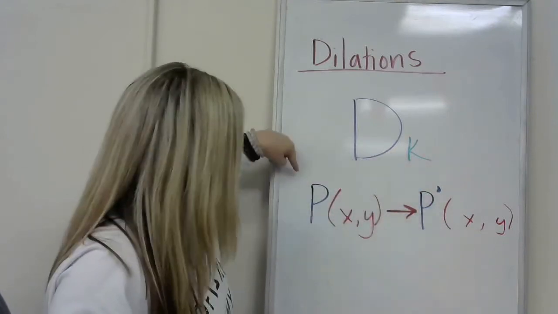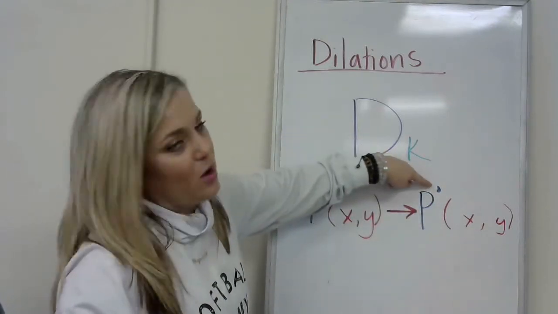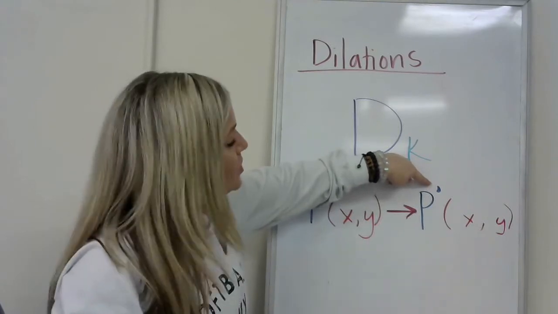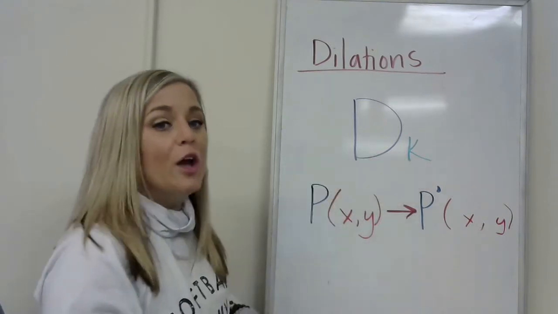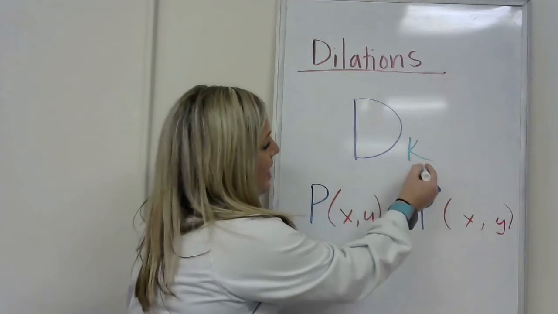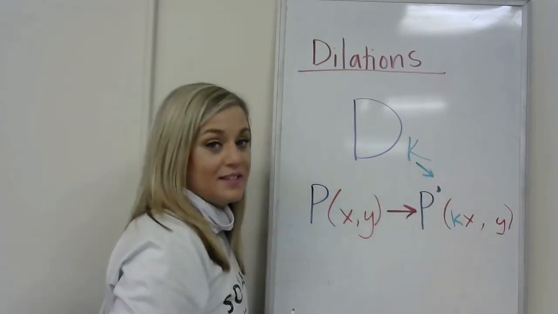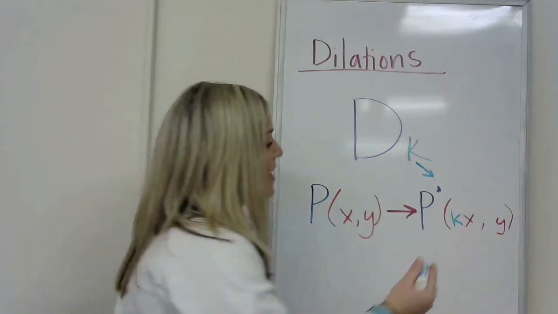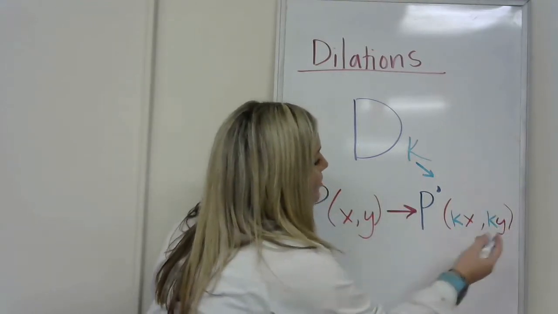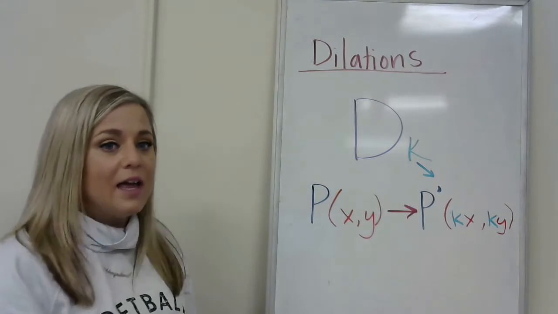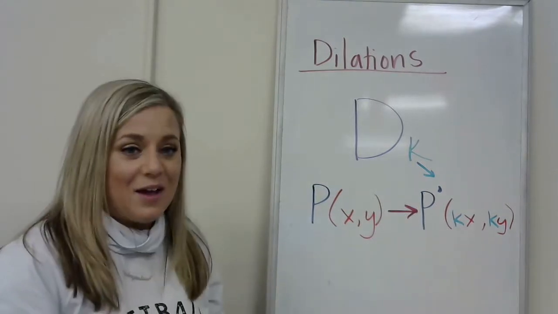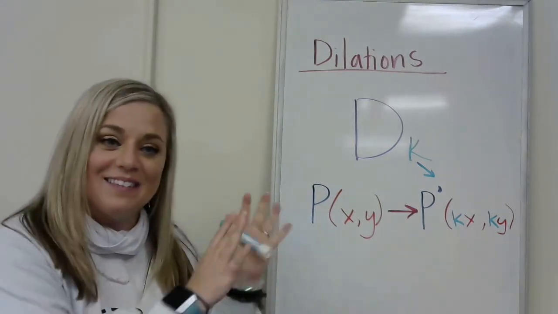If you notice, it's P, the same shape, but now it's what you call a prime. So it's P prime. All right, so what you do here is we just take this K, and we multiply the X by the scale factor, whatever that is, and the Y by the scale factor, whatever that is, okay? So that is part of our lesson today. That's the scale factor part, okay?